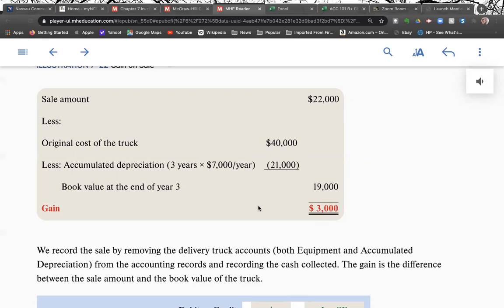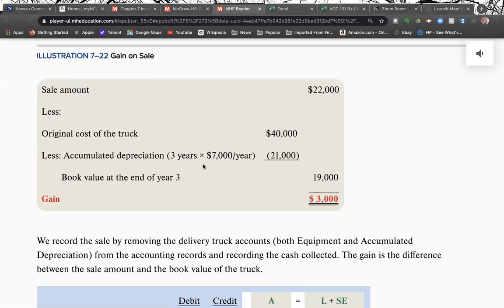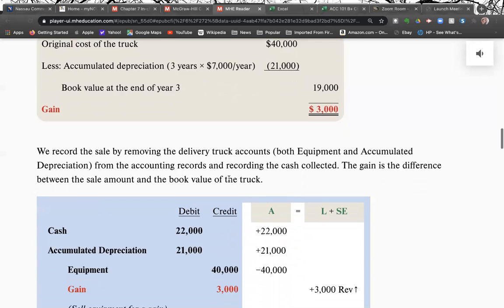And if they don't, you have to be able to figure it out. Right? So here, the depreciation is 7,000 a year times 3 years. That's where that 21,000 came from. And again, sometimes they'll tell you 21,000, other times they won't, and you'll have to figure it out.